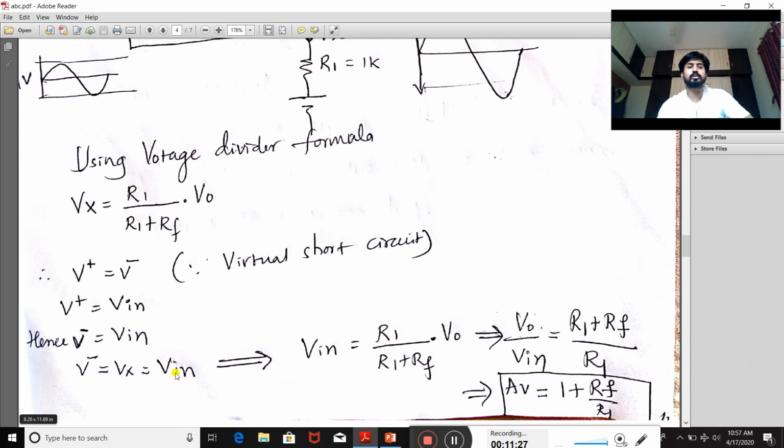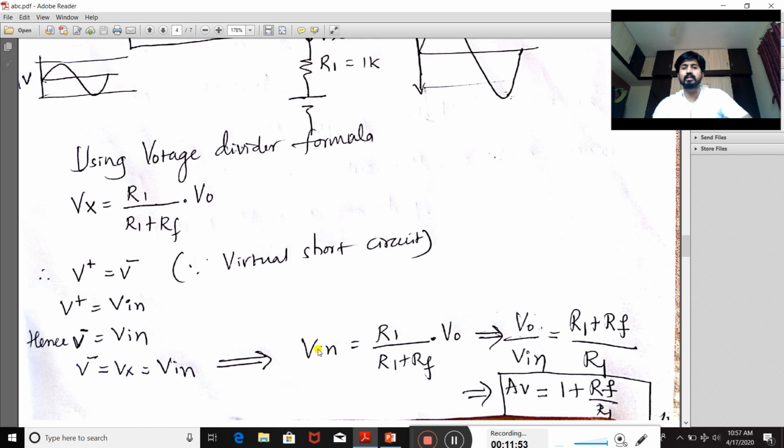So substitute this Vn value in this first equation. Instead of Vx you can now substitute Vn. Vn is equal to R1 divided by R1 plus Rf into V0. Simplifying, what is remaining is 1 plus R1 by Rf.